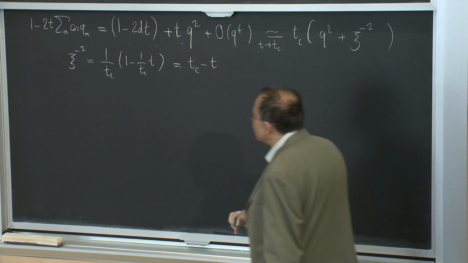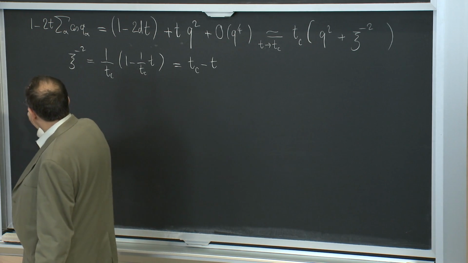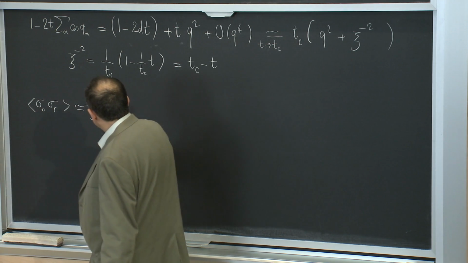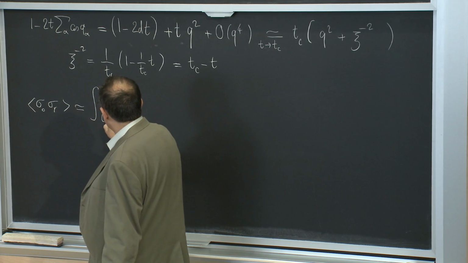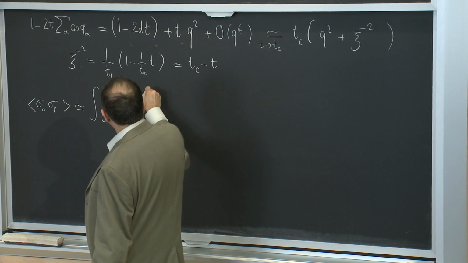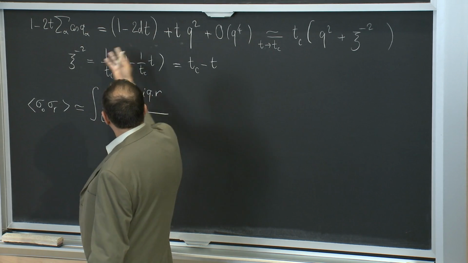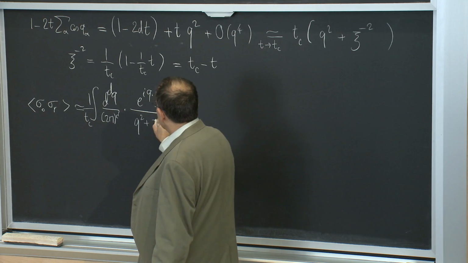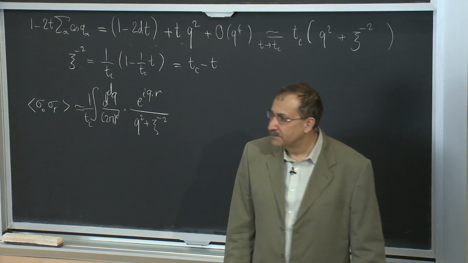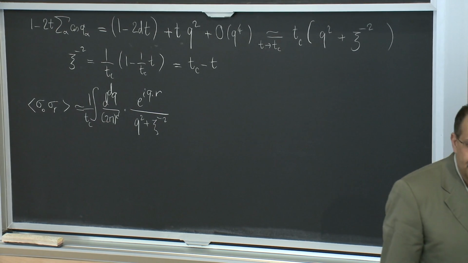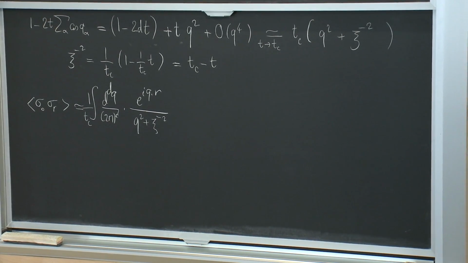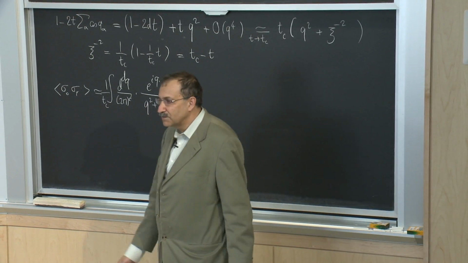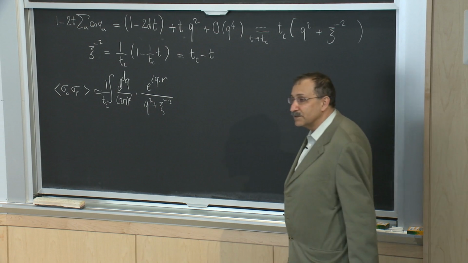Okay? And if I'm looking at the vicinity of that point, I find that the correlation between sigma 0, sigma r is approximately the integral d^d q over 2 pi to the d, Fourier transform of the denominator that I said is approximately 1 over tc times q squared plus xi to the minus 2. Okay? We've seen this before, right? We evaluated this Fourier transform when we were doing Landau-Ginzburg.